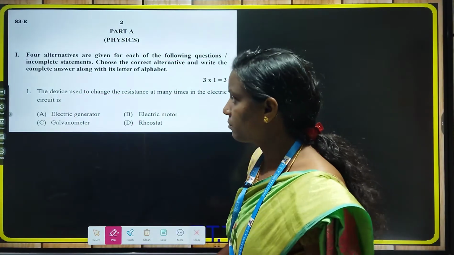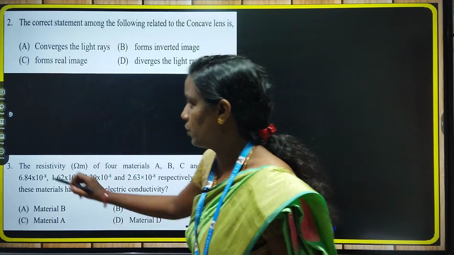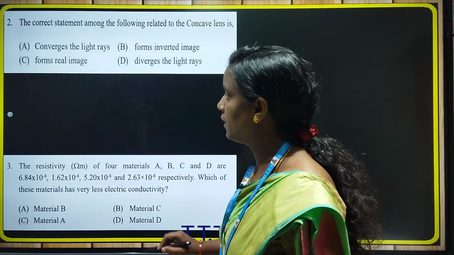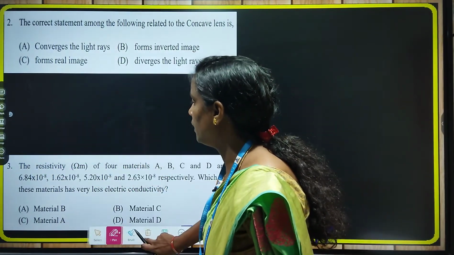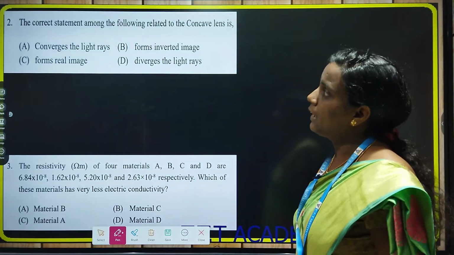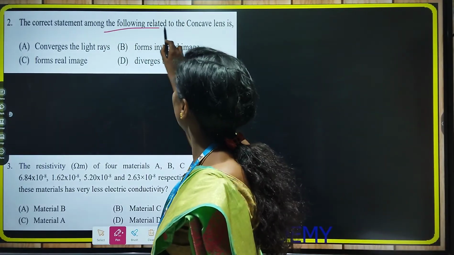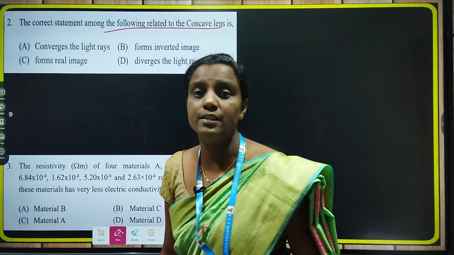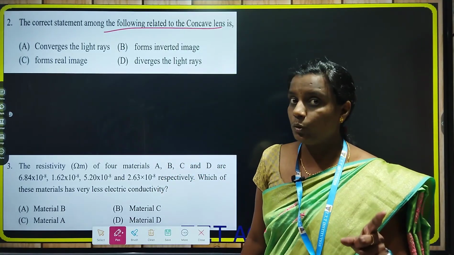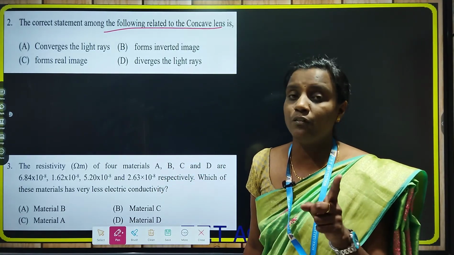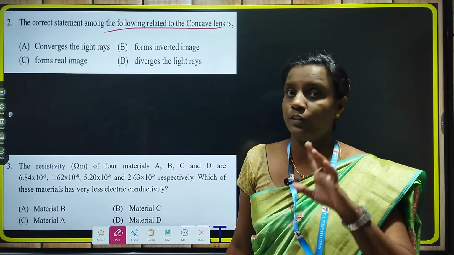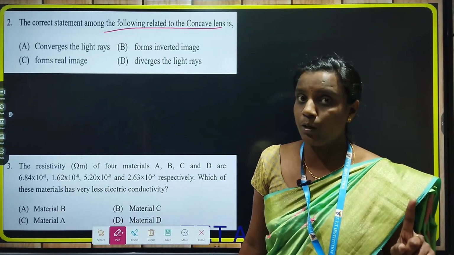Now, we will move to the next question, that is the second question. What is the second question they have given? The correct statement among the following related to the concave lens is. Read the question properly, because when you come to the concave lens and mirror, you will get confused.